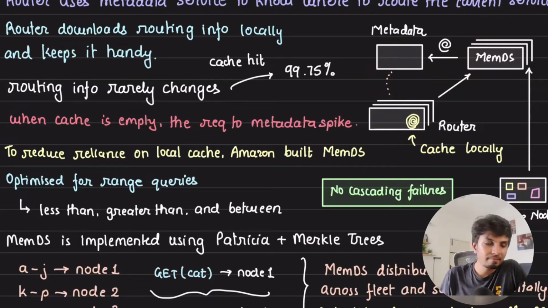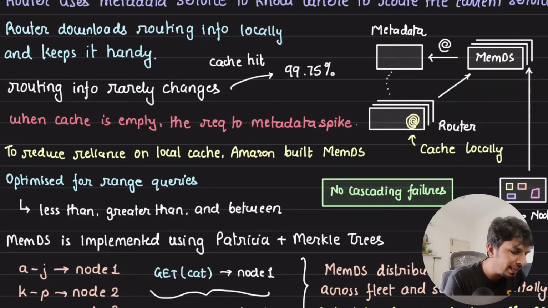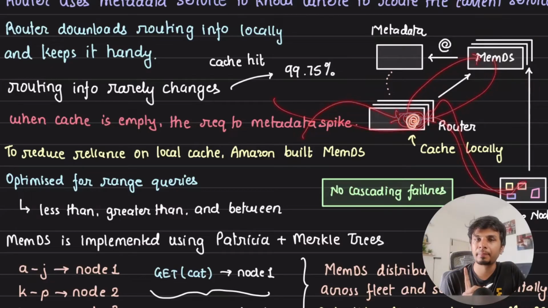The reason is that MEMDS is not provisioned to a bare minimum capacity. MEMDS is provisioned for the actual load. For example, anytime a request comes in to the router service, if it does not have the data, it goes to MEMDS, gets the data, caches it locally, and then serves the request, right?